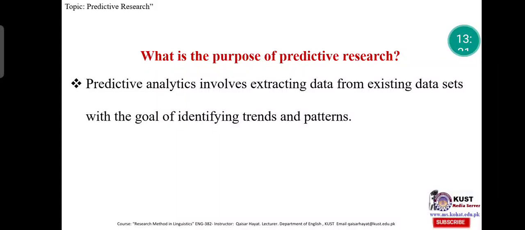Predictive research is a doable path. A researcher must know that if I am predicting while seeing and considering the trend, I definitely have to prove it. So a researcher who predicts has to prove it later. This point should be in your mind while predicting.